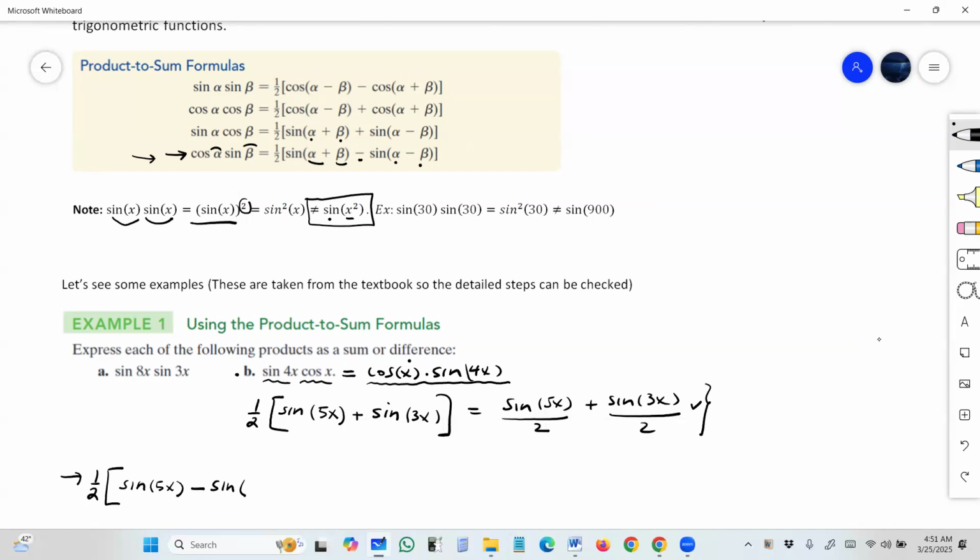This is my alpha here, and this is beta. So this is x minus 4x, minus 3x. Now, we cannot leave a minus inside of the angle. So I have to handle this. Now, how do we do that?